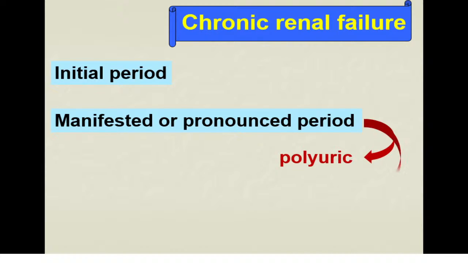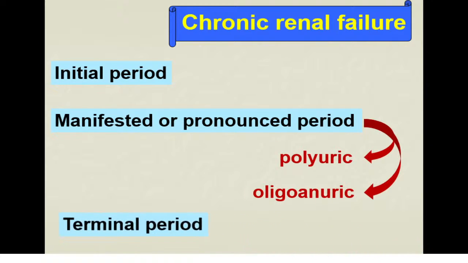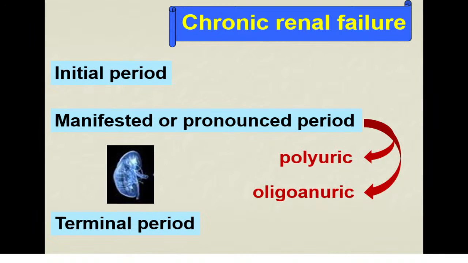First of all polyuria, then oligoanuria, the opposite development from acute. And third, the final terminal period, when except the main organ, all other organs and systems will be involved in the pathological process. These are the principles of dividing chronic failure into three stages: initial invisible, second visible, and third terminal because of involvement of other organs.